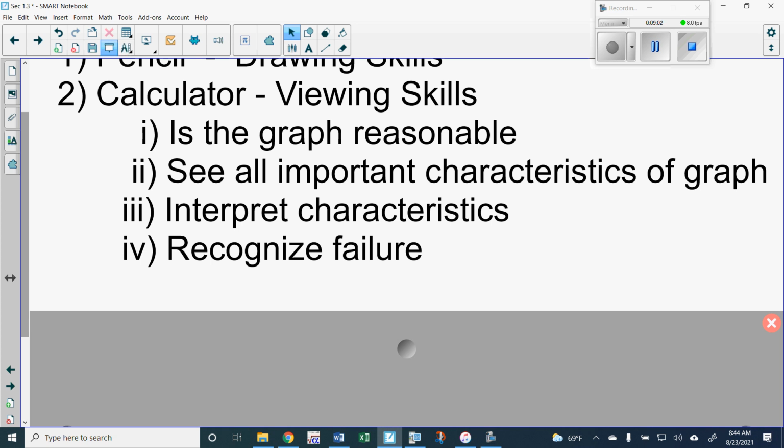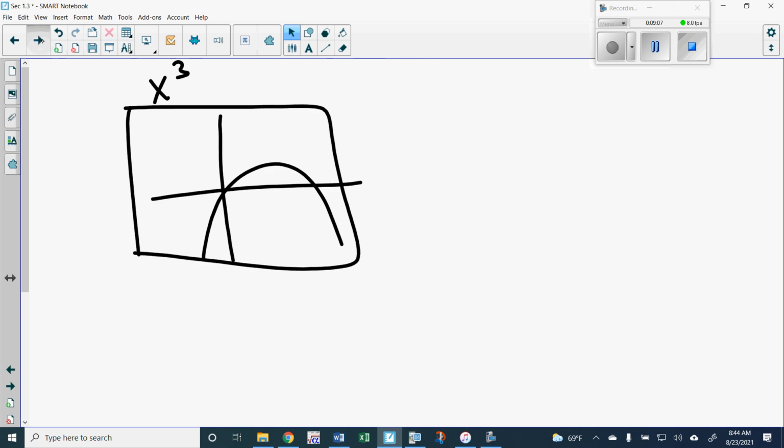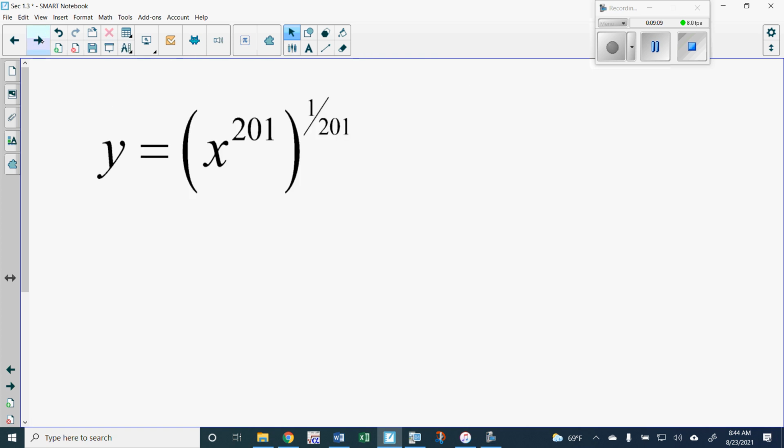Consider this. Now, don't put this in your calculator yet. What is this equal to? What do you do when you have a power to a power? You multiply, and that should just be x to the first, right? So graph that in your calculator. See what it looks like.